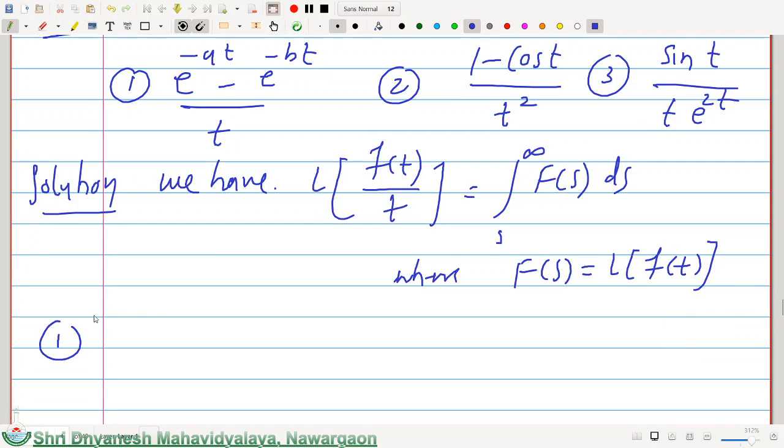So number 1, let us denote e to the power minus at minus e to the power minus bt by f of t.